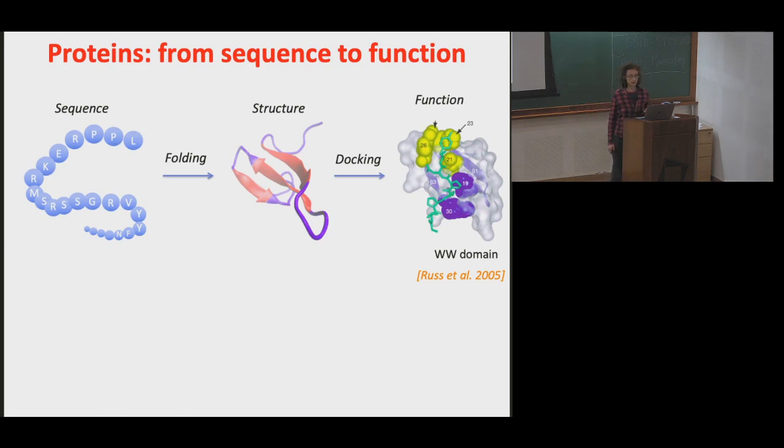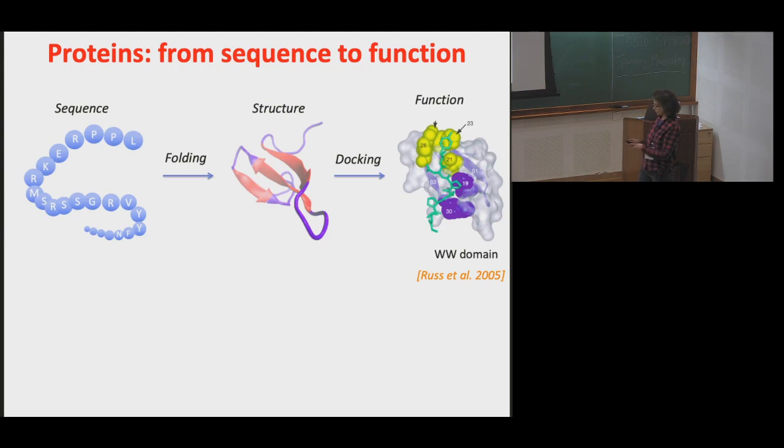And the other big application I will underline is on proteins. So the idea is that proteins are sequences, just a strand of amino acids which are folded in a very specific way and which have a specific function. For example, this WW domain has to bind some ligand and to signal its binding.